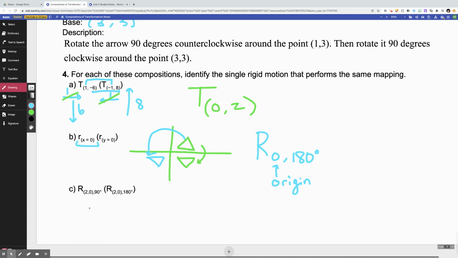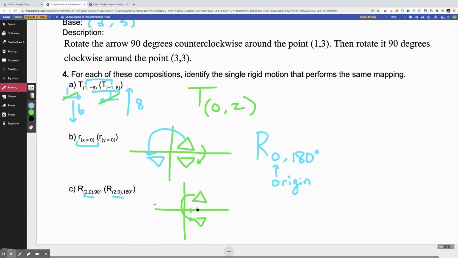All right, then for this last one, I'm doing 2 rotations around the same point. Essentially I'm taking a rotation and breaking it up into 2 smaller rotations. The point 2, 0 would be right here. Let's say we had just another triangle shape. If I rotate it 180 degrees first, I'm swooping around and it's going to end up down here.